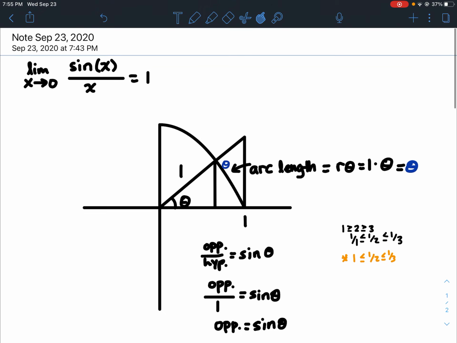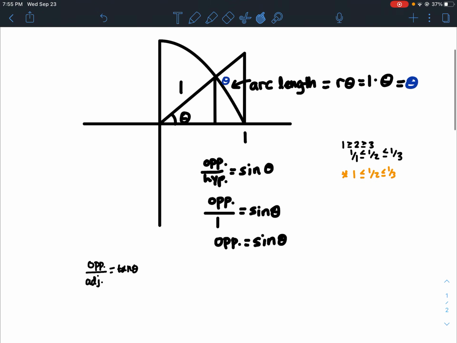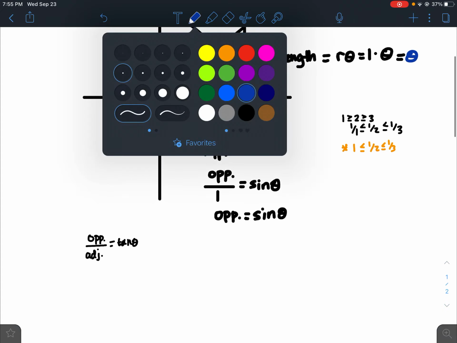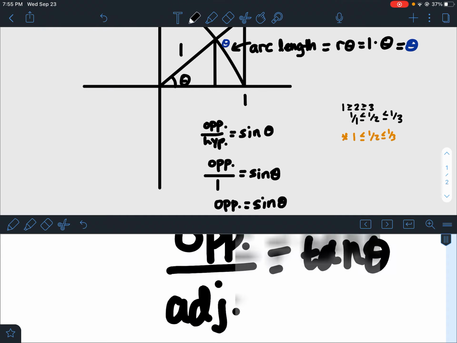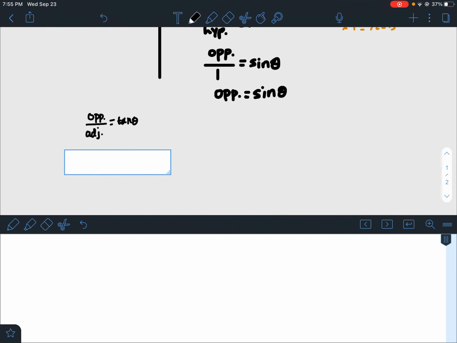All right. So since that's opposite over adjacent, the tangent of theta is also equal to the opposite, which we said was 1 over... adjacent, I guess.